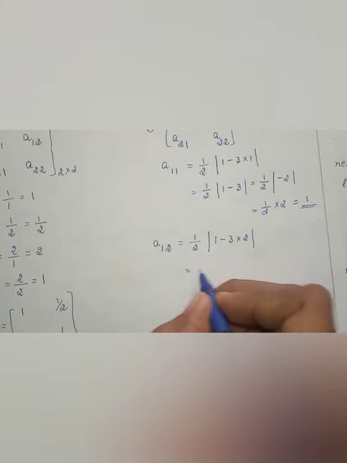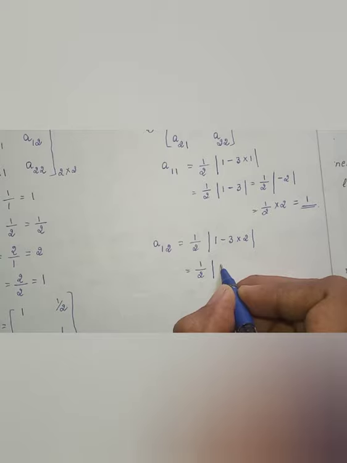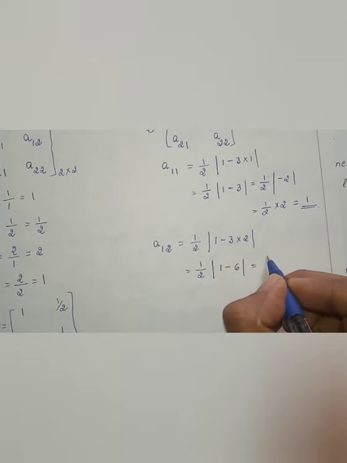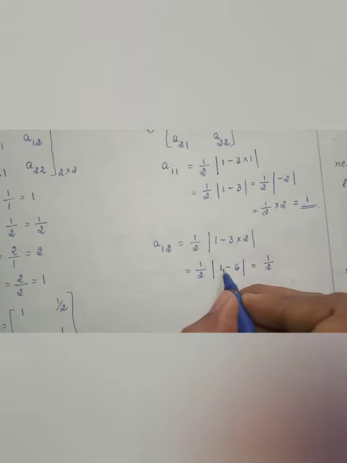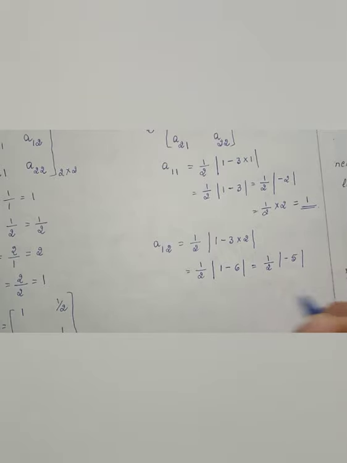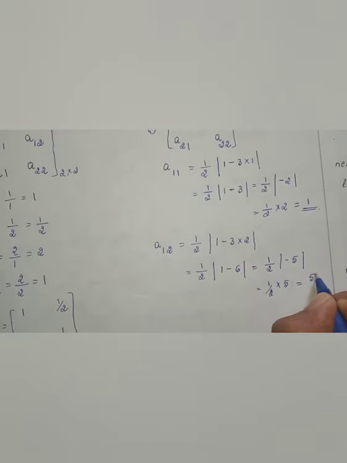So this is 1 by 2 into modulus of 1 minus 6. 1 by 2, be careful about this and the modulus sign. 1 minus 6 is minus 5. So modulus of minus 5 is 5. Therefore, the value is 5 divided by 2.